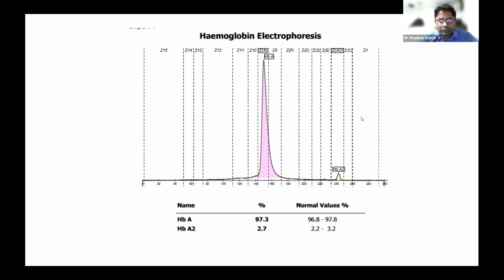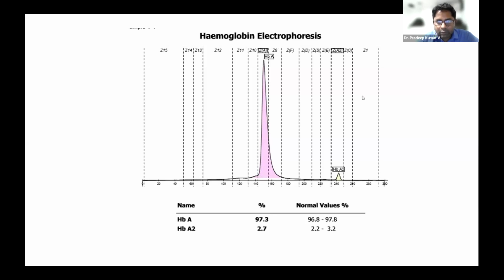Okay. So let's say A2 is normal, but since our thalassemic indices are so marked, we still call them possibly thalassemic carrier states. There's one query about rerunning the sample after iron studies.